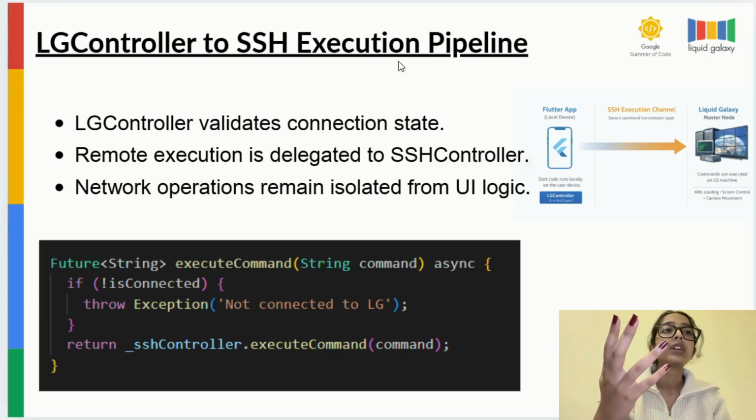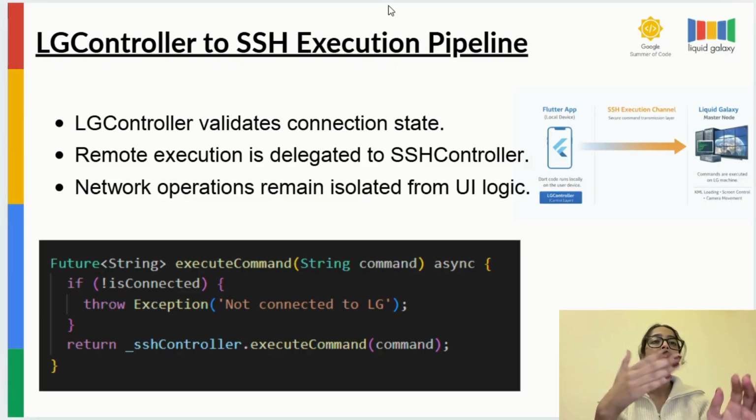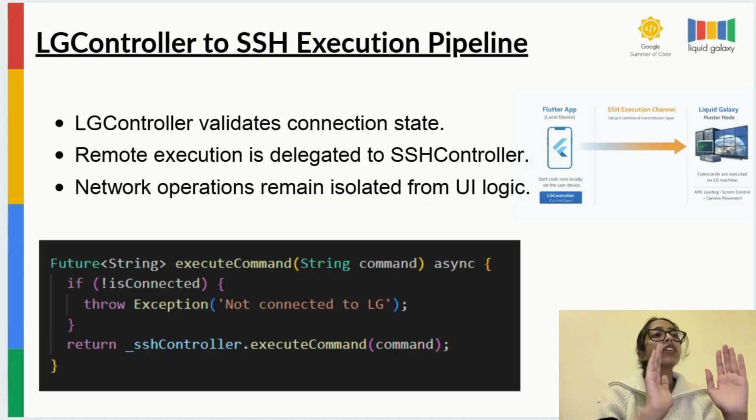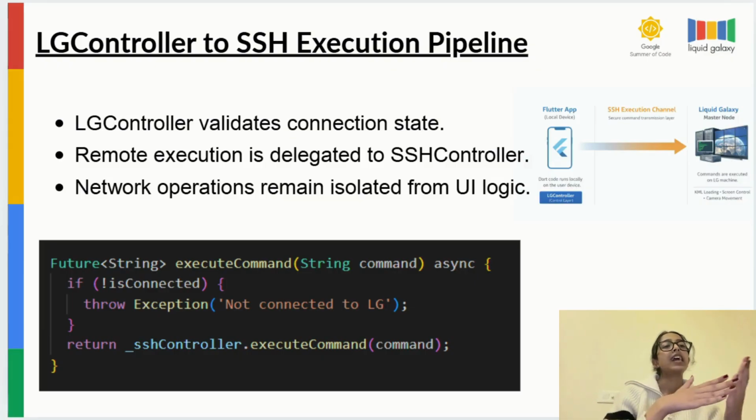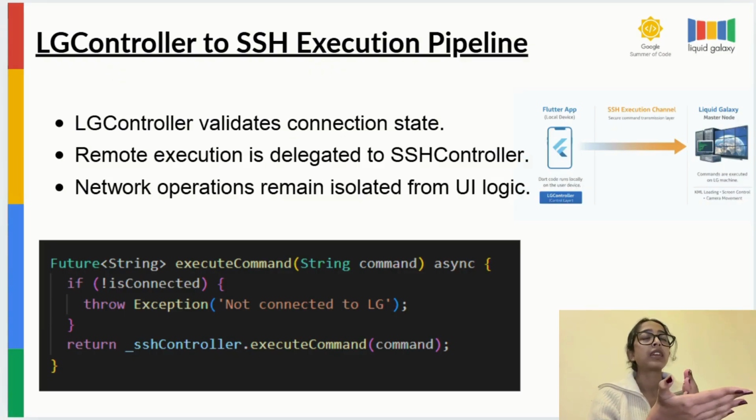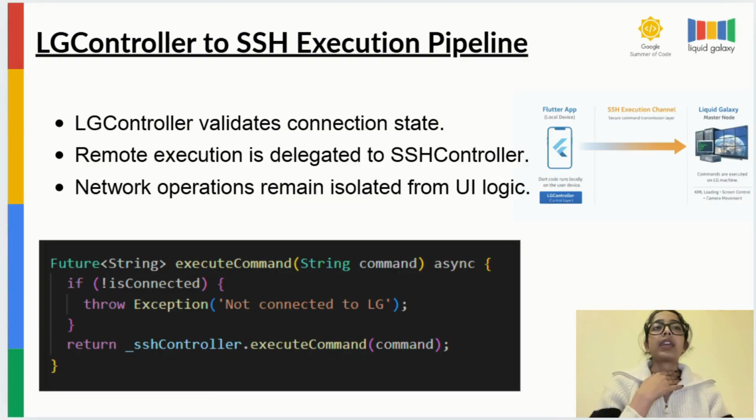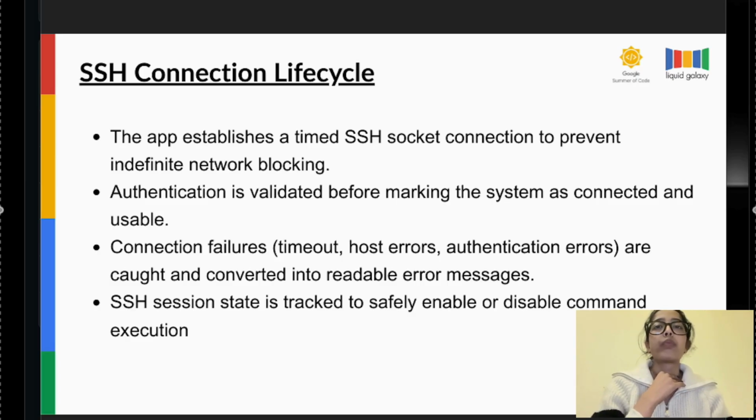SSH controller then sends commands securely to the Liquid Galaxy machine, where the actual execution happens, such as loading KML files or controlling the camera movement. So the responsibilities are clearly separated. LG controller handles decision making, and SSH controller handles remote transmission.